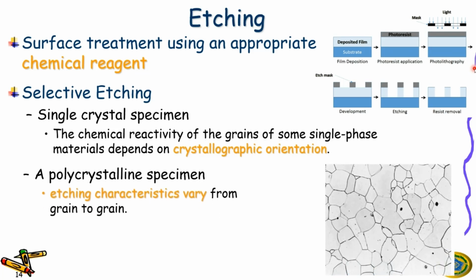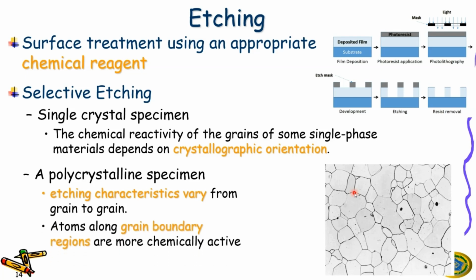Polycrystalline specimen means what? Etching characteristics vary from grain to grain. For example, this grain has one surface, this grain has a different surface, this grain has a different surface, right? However, the grain boundary has the highest energy. So for a chemical reagent, it's easy to go into the grain boundary first. So the etching rate in the grain boundary will be higher than the etching rate in the grains.